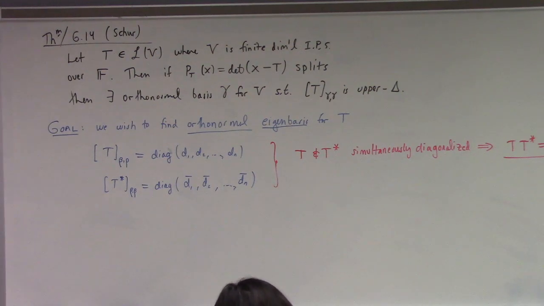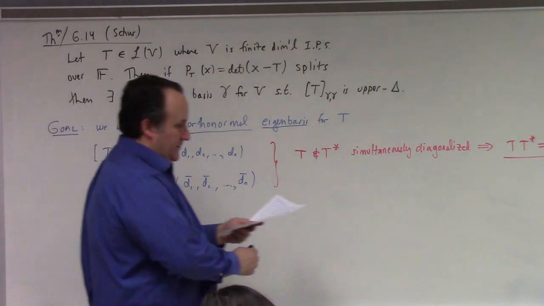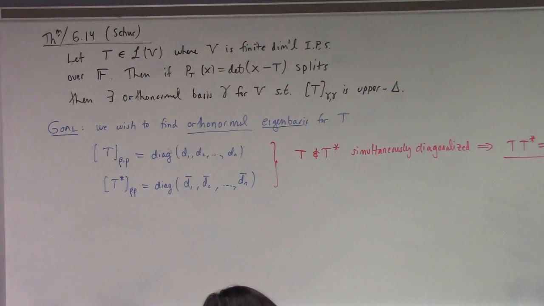And in part because of this, we make a definition: as usual, V is an inner product space, and T a linear transformation on that, then we say T is normal if T star T is equal to T T star.